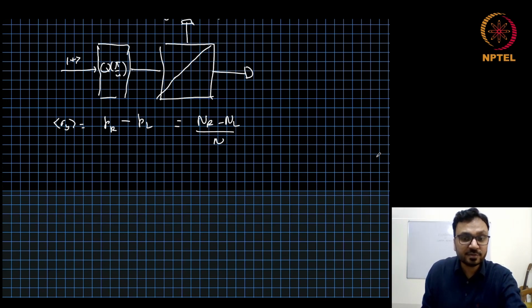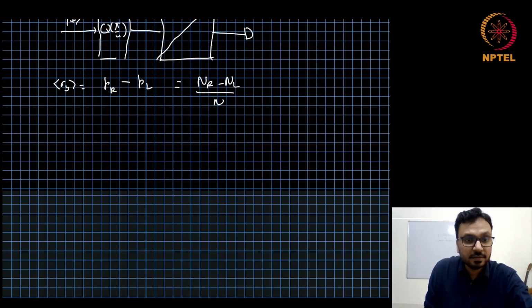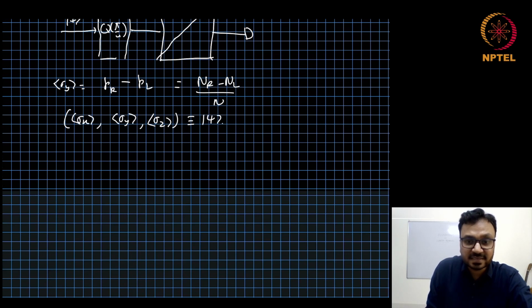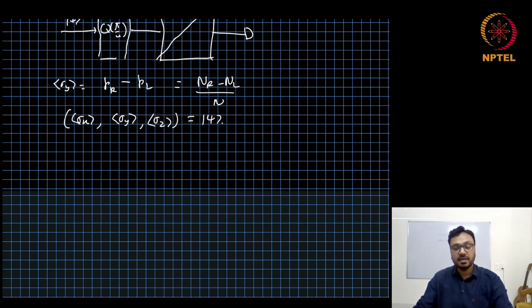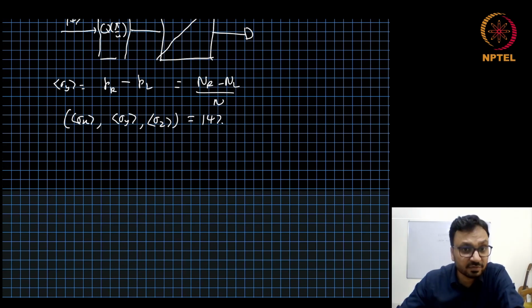Once we have the expectation values of sigma x, sigma y, sigma z, we can find the state psi, which is represented by these three. Hence we can find the values of theta and phi, and estimate what the state under consideration was. So this is one experimental way of finding out the state of a quantum system.